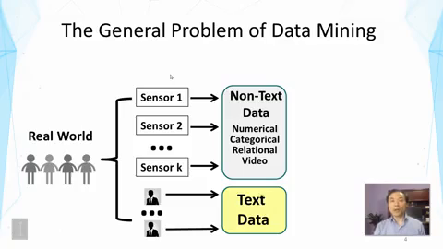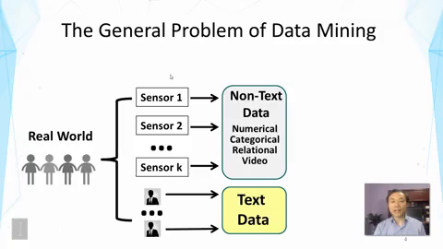So here we are looking at the general problem of data mining. In general, we would be dealing with a lot of data about our world that are related to a problem, and we will be dealing with both non-text data and text data.